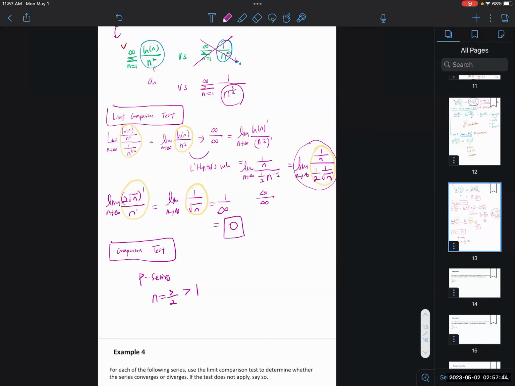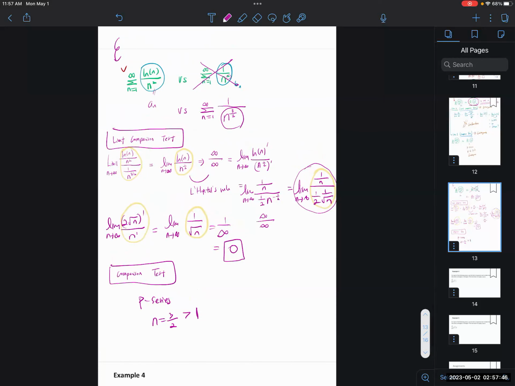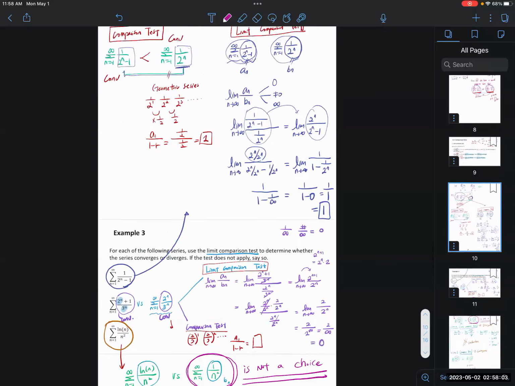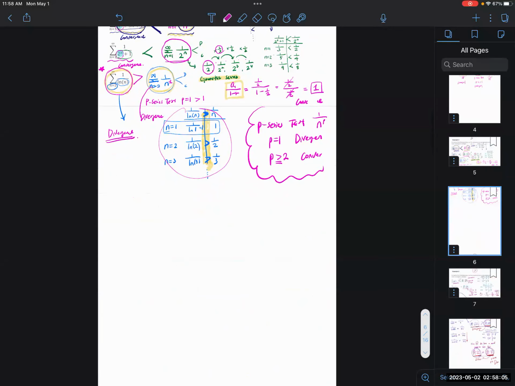I just want to clarify one more time, maybe I wrote something wrong. I said greater than 2, that's my mistake. It's greater than 1 anyway, and that means convergence. Like p equal to 2, 3, 4, or 1.5, whatever, greater than 1.